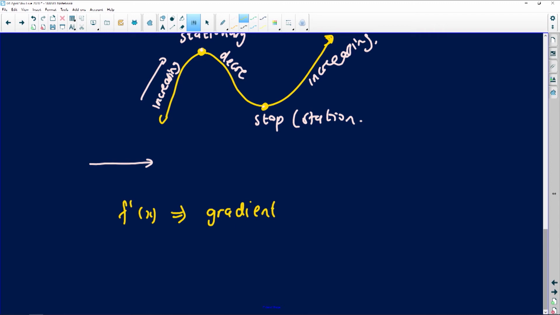And any increasing part of a graph will have a positive gradient. But at the stationary points, the gradient will be 0 because it is actually a straight line. If you could draw a tangent here, it will have a gradient of 0 because it is parallel to the x-axis since y is not changing, right?